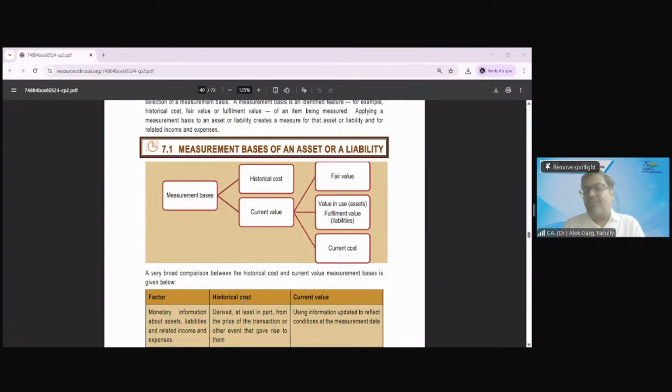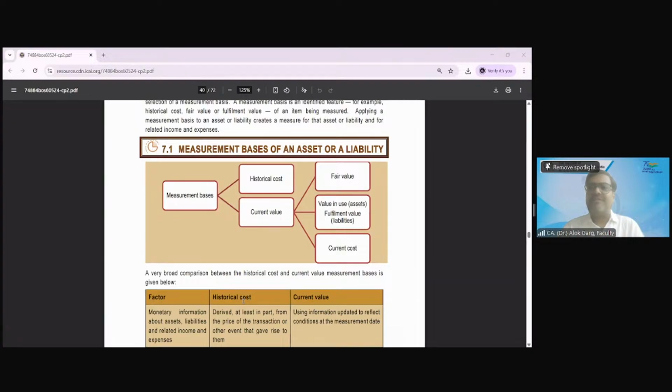Okay. So what is the example of current value? Fair value. Let's say you have purchased a share. You have made an investment. You would have seen in your audit days, companies invest in mutual funds, in shares, right? So the company has purchased a share or mutual fund for ₹1,000. What is the historical cost? 1,000. But on the reporting date the fair value, the NAV has increased, the market price of the share has increased. So the fair value or net asset value of that mutual fund is 1,500 rupees.